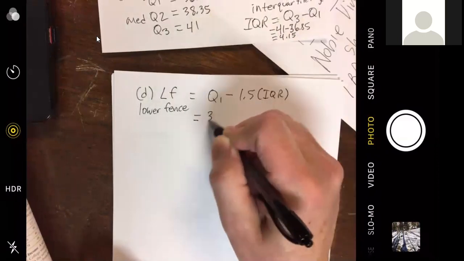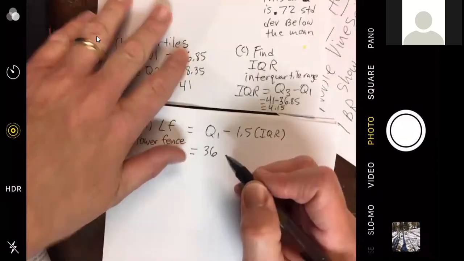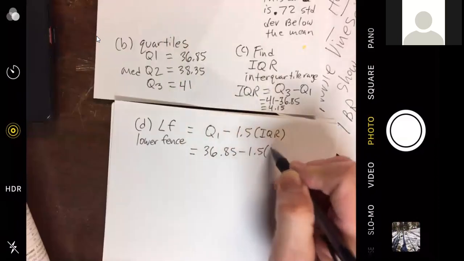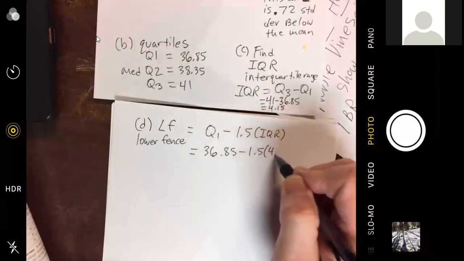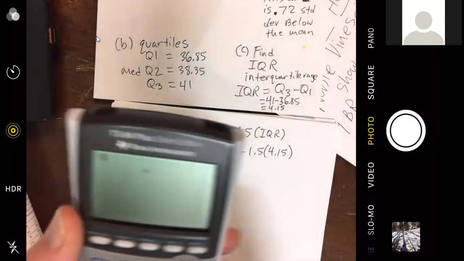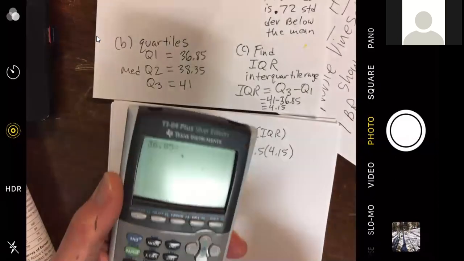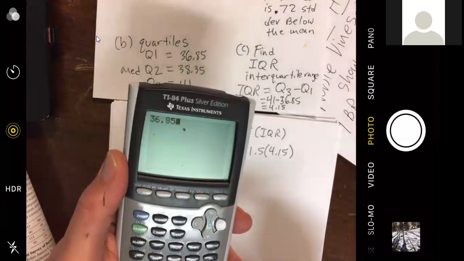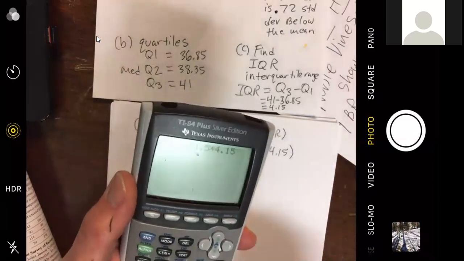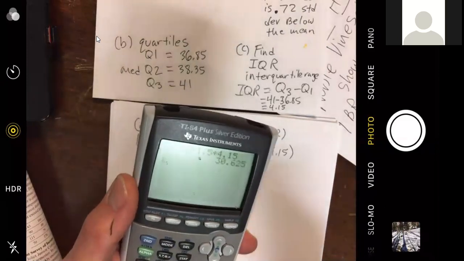So that makes 36.85, subtract 1.5 times 4.15. That gives 30.625.